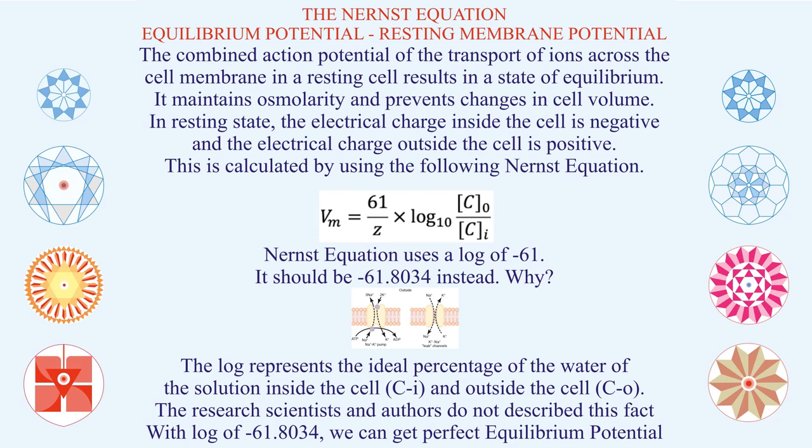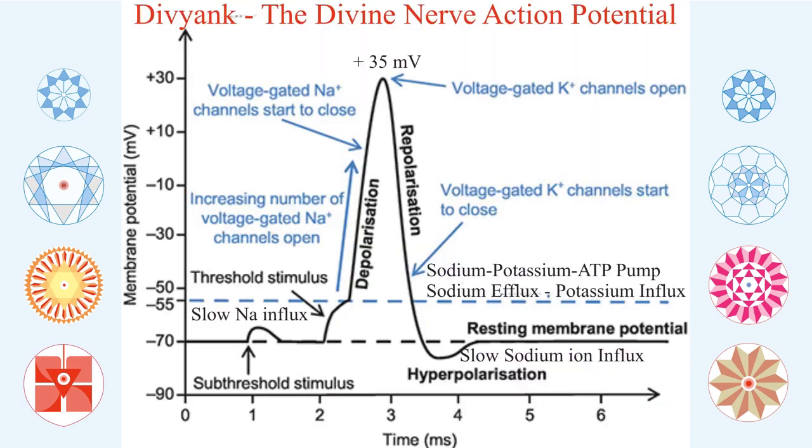The right value would be 61.8034 by and large in a neuron. The Divyank action potential is also something I've explained again.